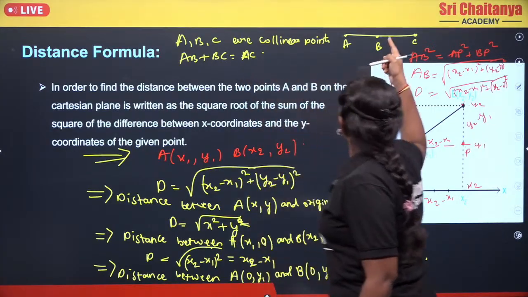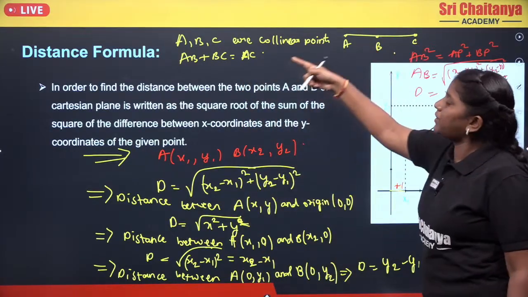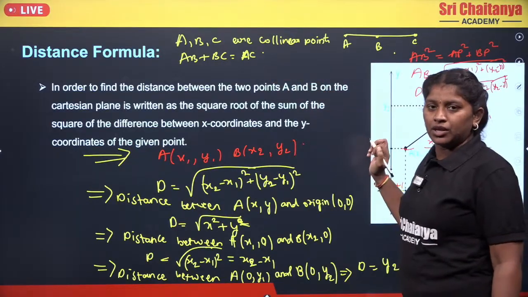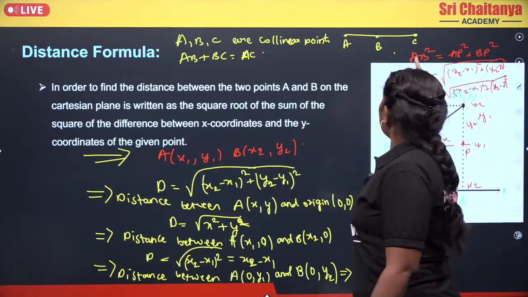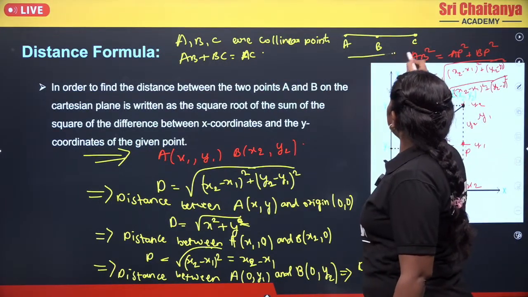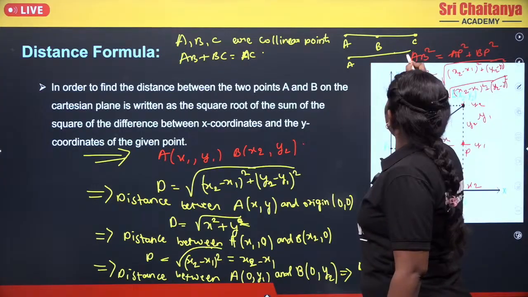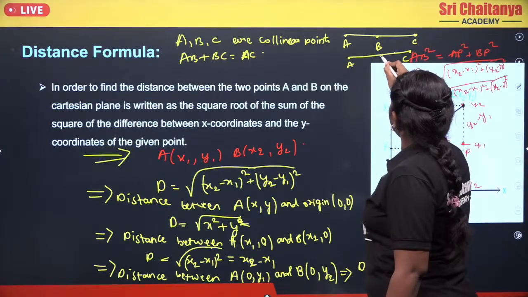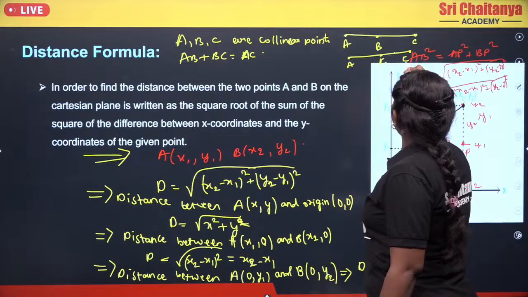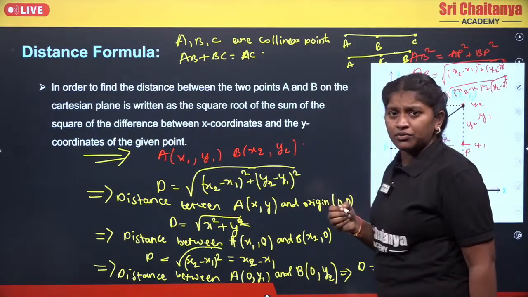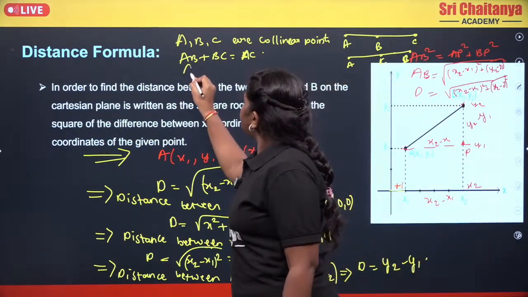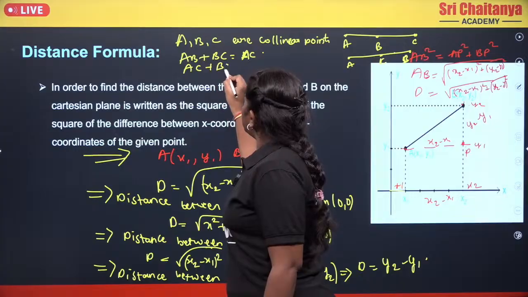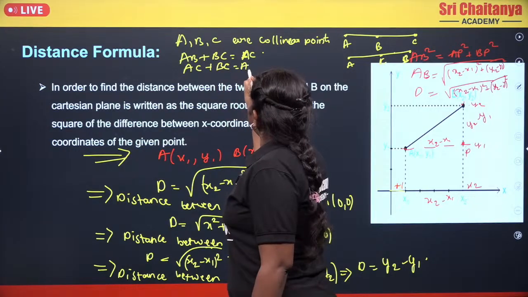It means if you add AB and BC, you will get AC. In the same way, what if C is in the middle? Here is A, here is B, and C is in the middle. Then it will become AC plus BC equals AB.